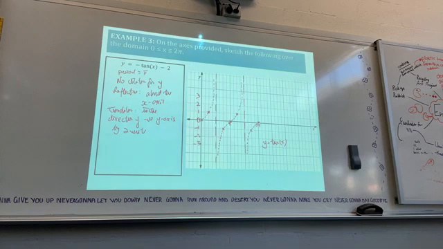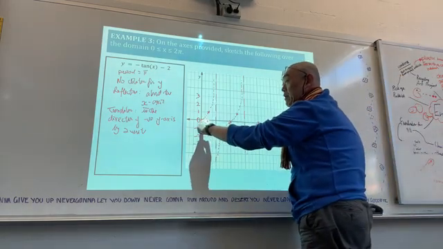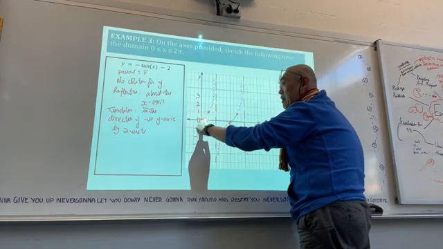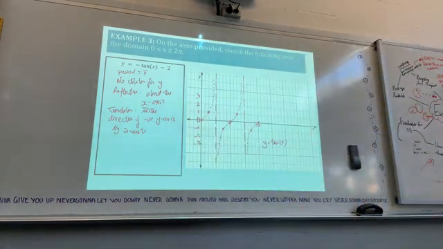The next thing I'm going to do is go straight to y equals minus tan x minus 2. So let's think about this. Reflect about the x-axis, then minus 2. I'll bring it down here to minus 2.